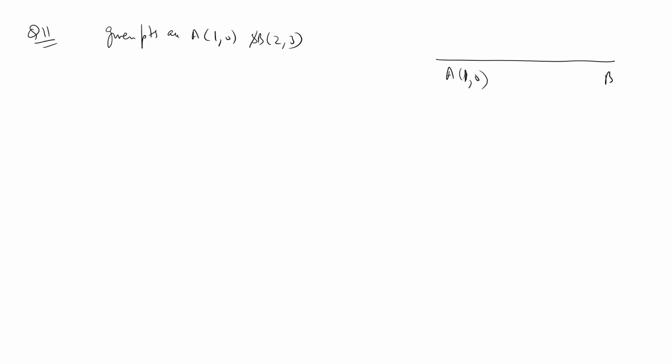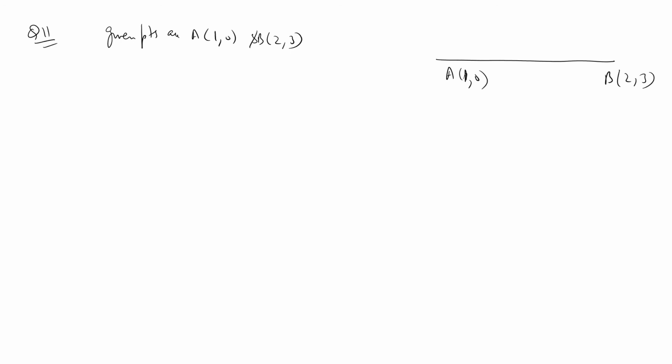So question number 11 is here. You read this question. Given points are 1, 0 and 2, 3. So there is a line joining these 2 points 1, 0 and 2, 3, right?